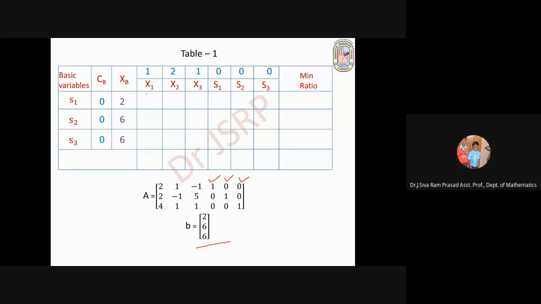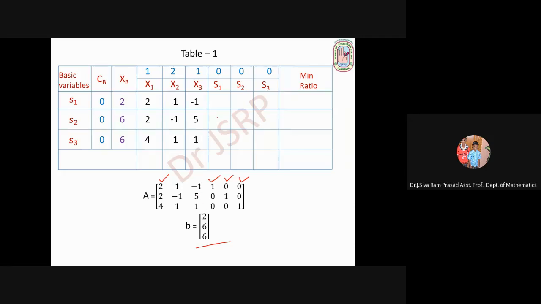Next, what is capital X1? Small a1, that is the column corresponding to the first variable: 2, 2, 4. Capital X2, the column corresponding to the second variable, that is 1, minus 1, 1. Capital X3, the column corresponding to the third variable: minus 1, 5, 1.